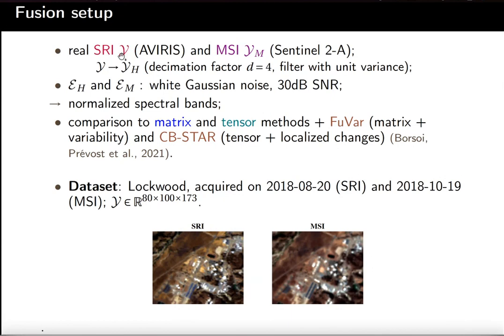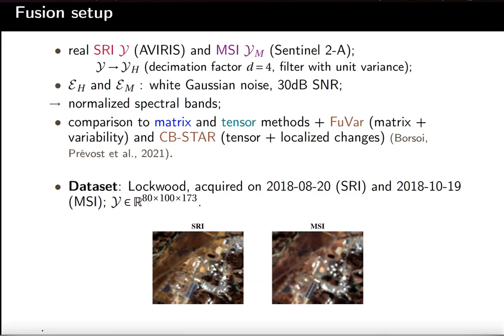From the super-resolution image, we will generate the spatial degradation matrices P1 and P2 to generate the hyperspectral image. Then white Gaussian noise will be added to the observations in order to have around 30 dB SNR. Then the spectral bands of the observations will be normalized to avoid convergence issues.